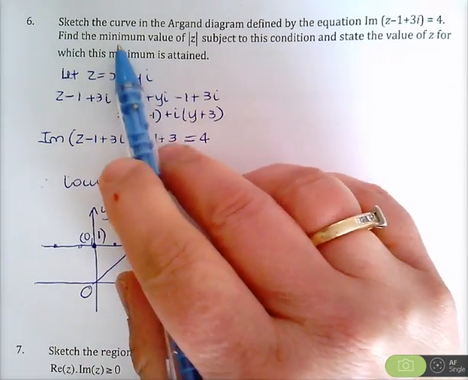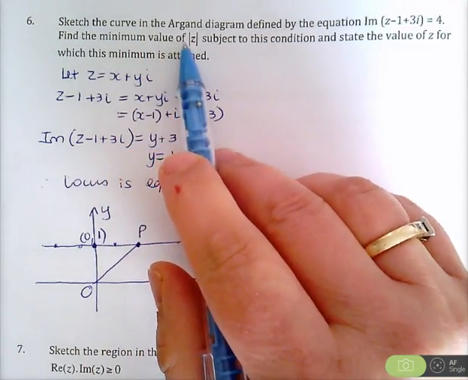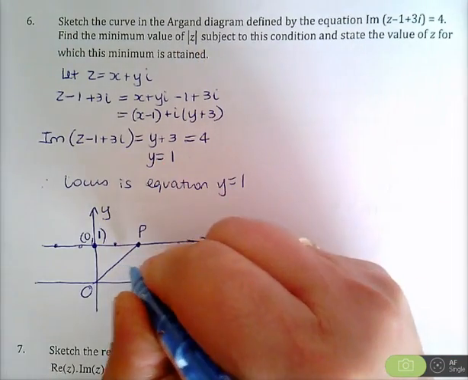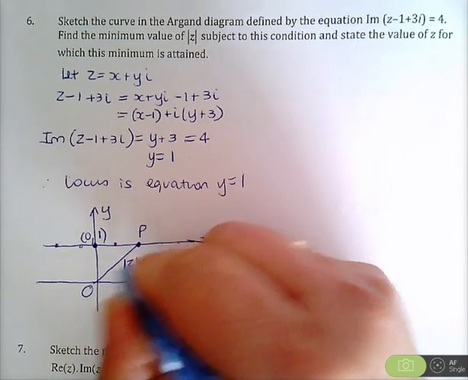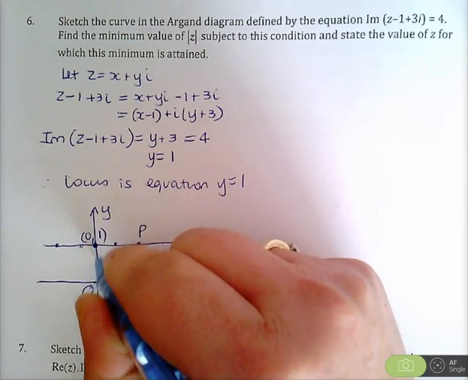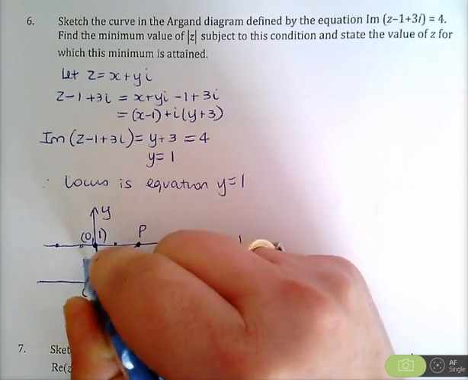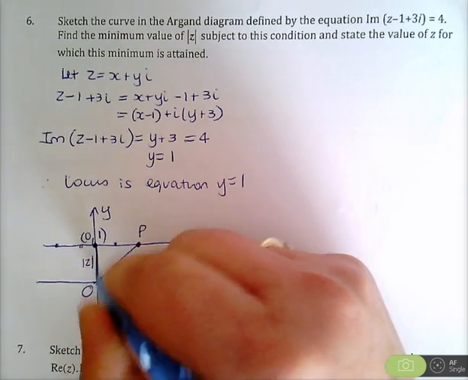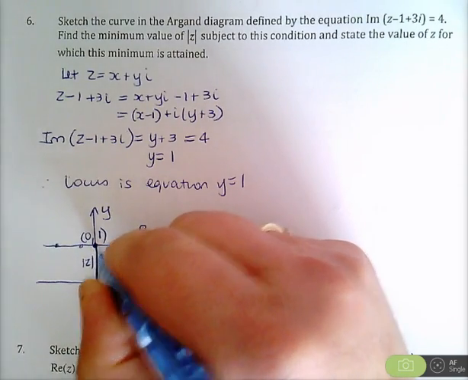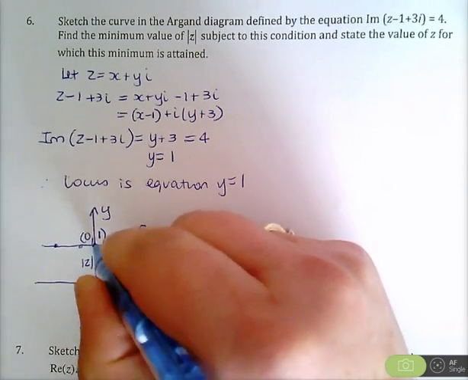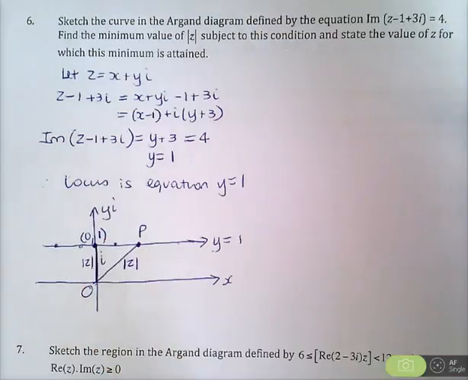This is the length of OP. Now it says find the minimum value of the modulus of z. This length here is the modulus of z, and the minimum value will occur here. And (0, 1) on the Argand diagram represents i, because it's (0, 1), the y-axis is yi, remember.